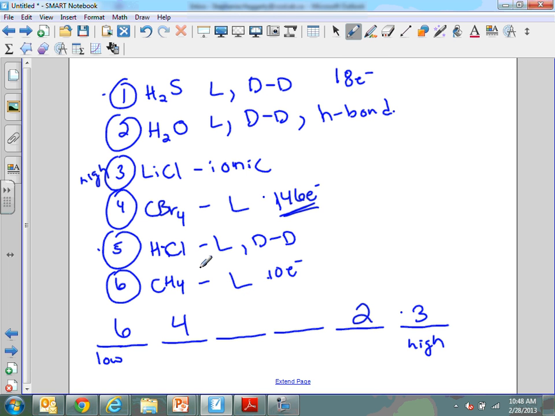HCl has 17 from the chlorine and 1 from the hydrogen. So this one also has 18 electrons. So in this case, there's not really any way to tell which one is stronger. So we could say this could be 1 or 5.